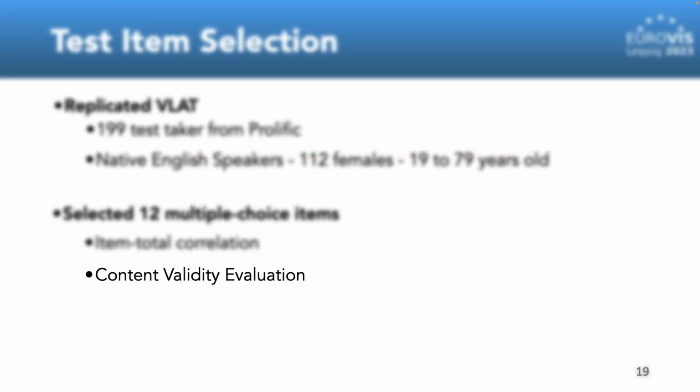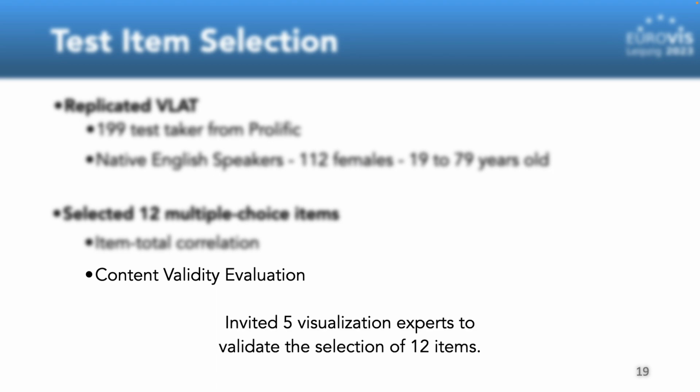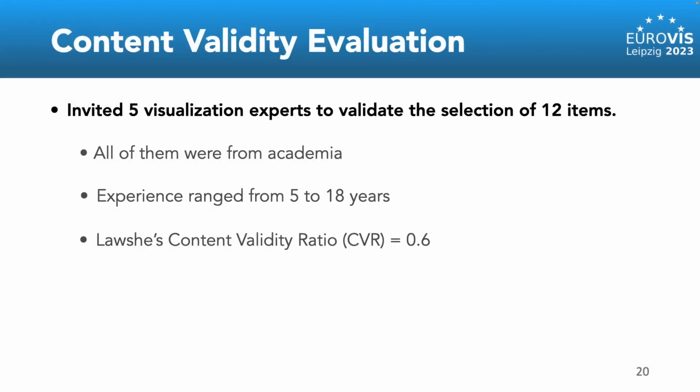For content validity evaluation, we invited 5 visualization experts who validated our selection of 12 questions for Mini-VLAT. All the 5 visualization experts were from academia and verified whether the items were suitable for Mini-VLAT or not.